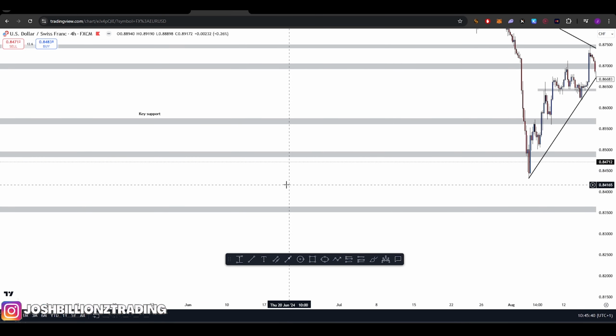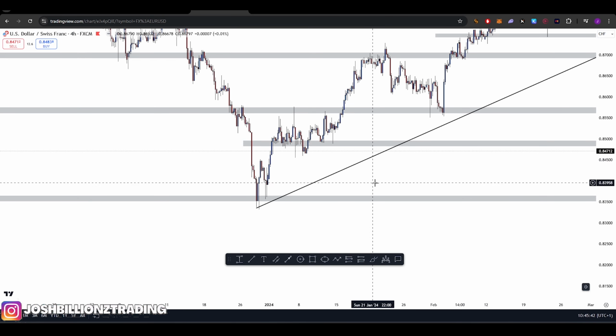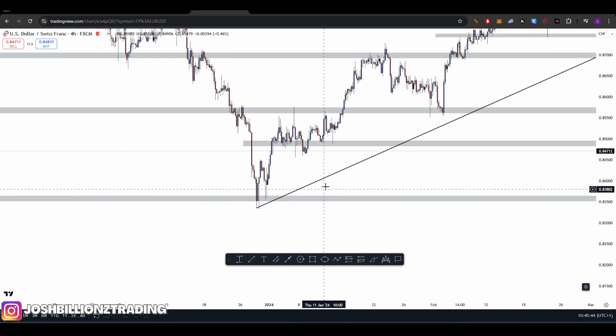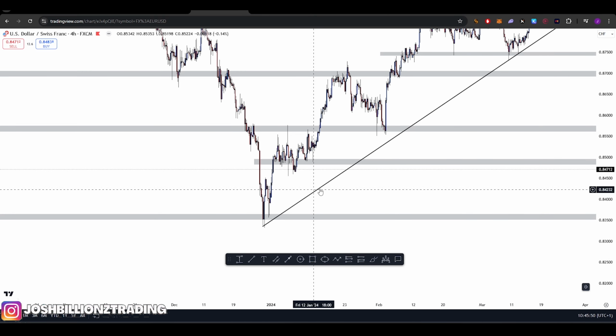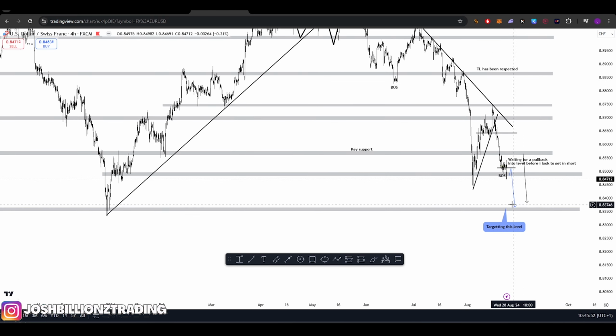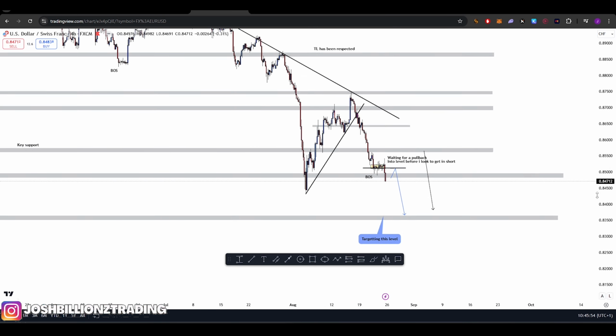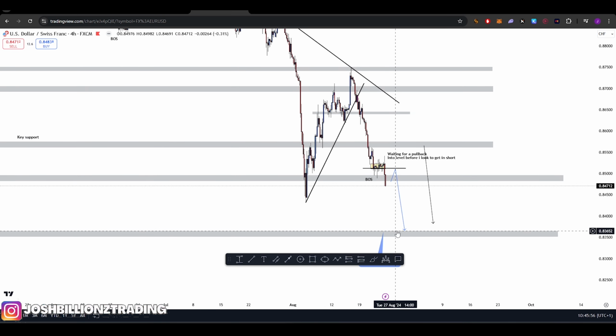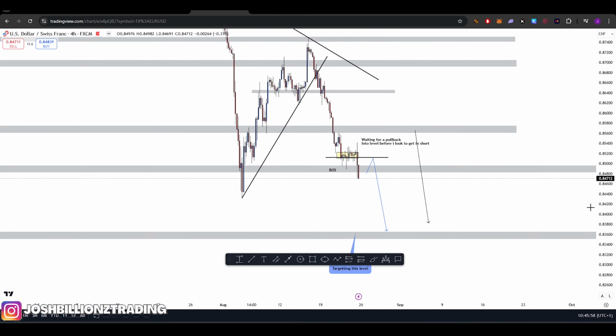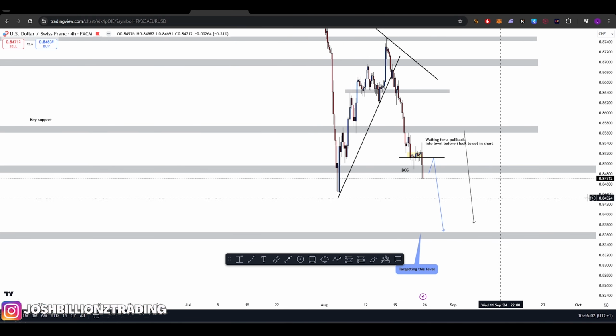And if we look to our left, where we like to get our targets from, we like to get our targets from previous levels of resistance and support. As you can see, we've had this previous level of support which is tapped here. We zoom out, and that's what I'll be aiming for. Literally, it's probably the top of this level of support. Literally that. And yeah, that's all I'm looking for on US dollar Swiss.